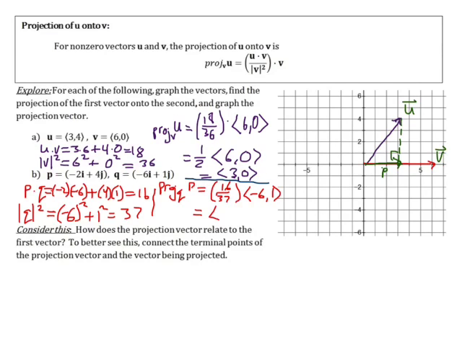In decimal form, this is -2.6 and 0.4. Okay. So let's go ahead and graph these and see what it looks like. We have our first one, P, -2, 4. And -2, 4 is going to be up here.